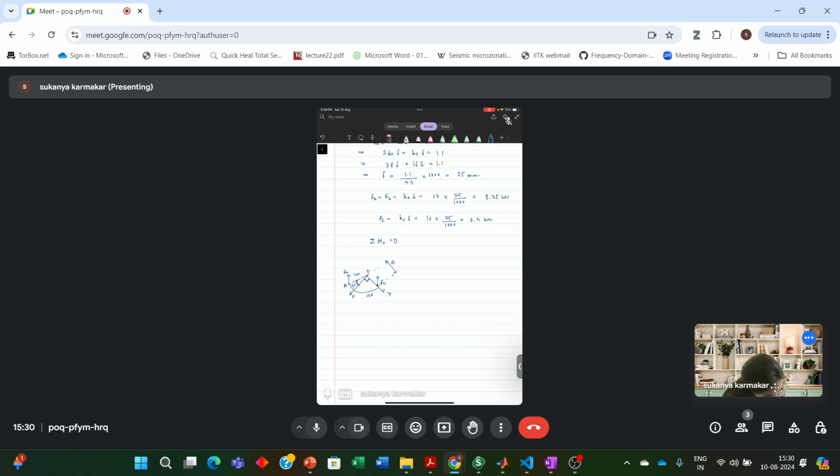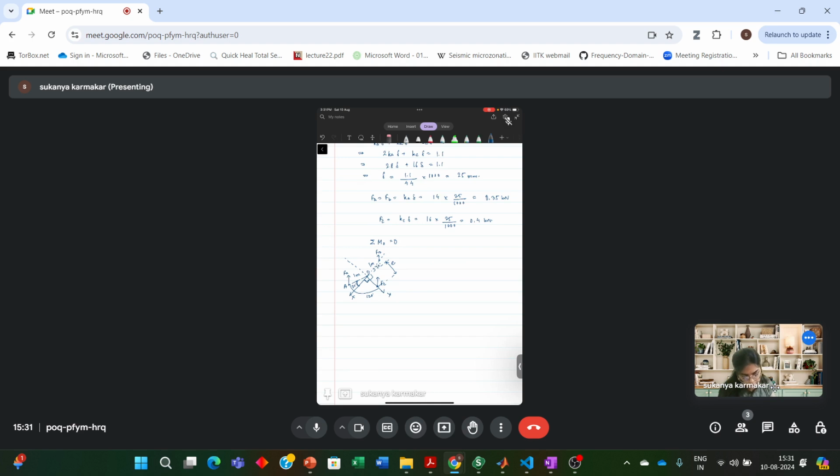Now this is going this direction also at a distance of 1 meter. You have the spring force FB, and this angle is also 30 degree.